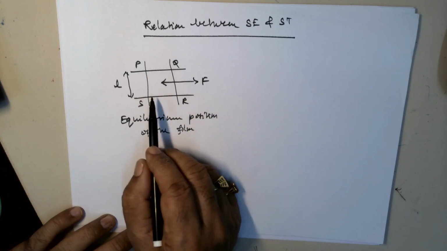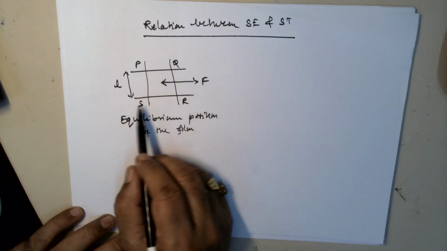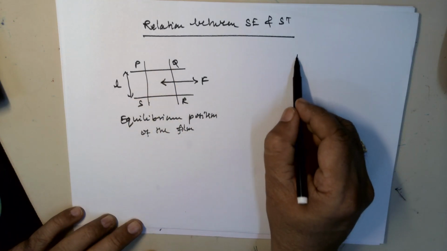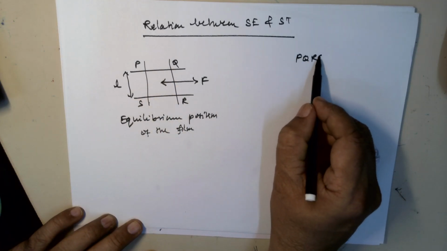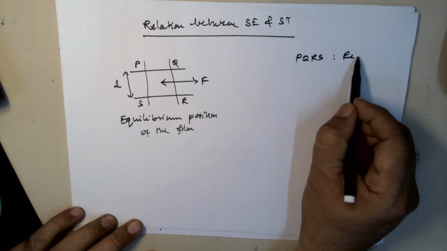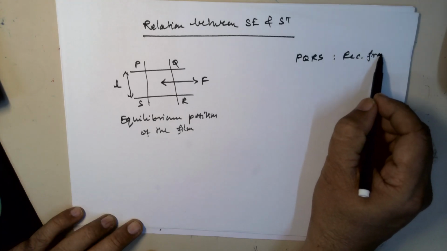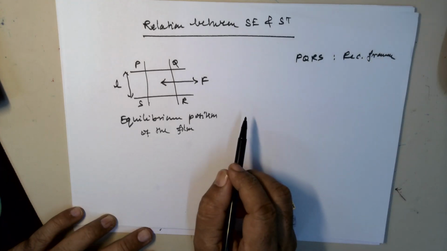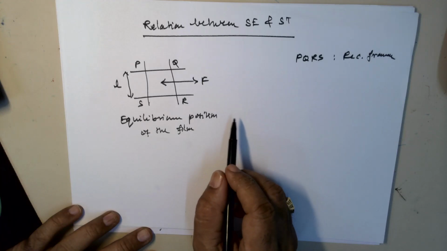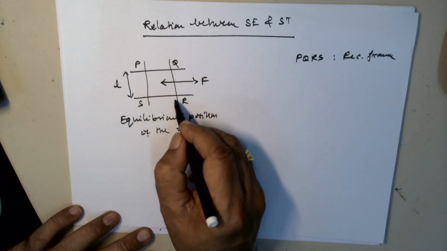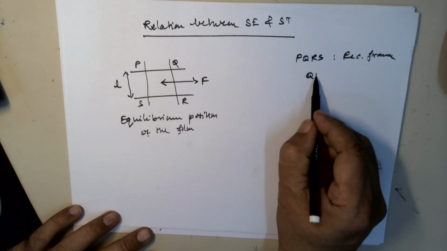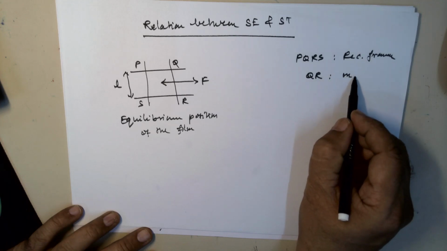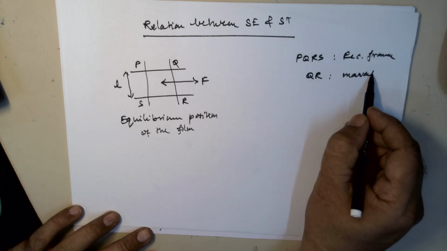PQRS is the rectangular frame where QR is movable.